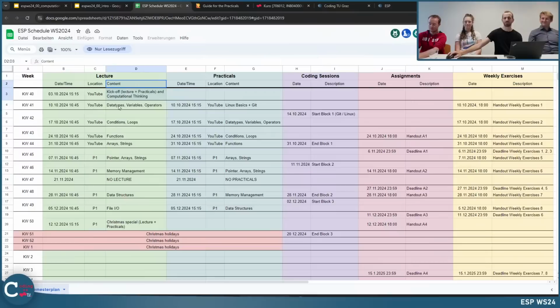So here is everything about the lecture we talked about, the practicals, the coding sessions, the assignments, and the weekly exercises in one Excel table. We will update this if there are any problems or if we have to move a lecture, but this is the complete schedule for this semester.